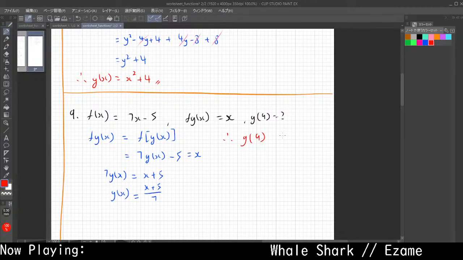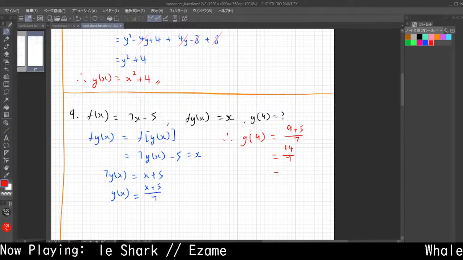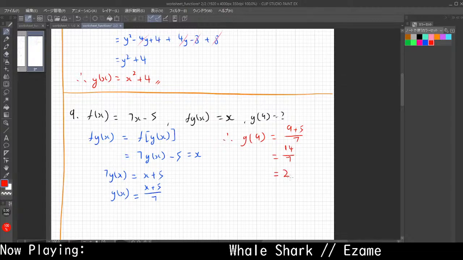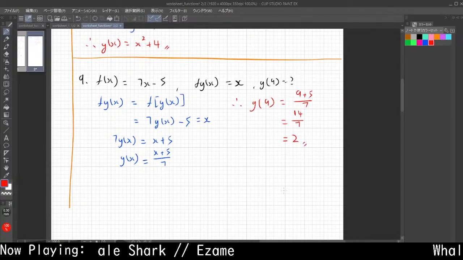Therefore, g(9) equals x replaced with 9, 9 plus 5 over 7. 9 plus 5 is 14, 14 over 7 is equal to 2. If you are unsure, please pull out your calculator and plug it in. You are permitted to use a calculator anyway. Yes, please use it. This will be your answer.